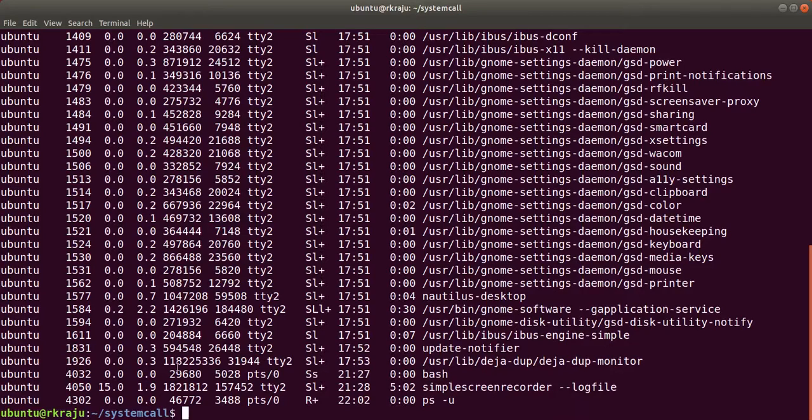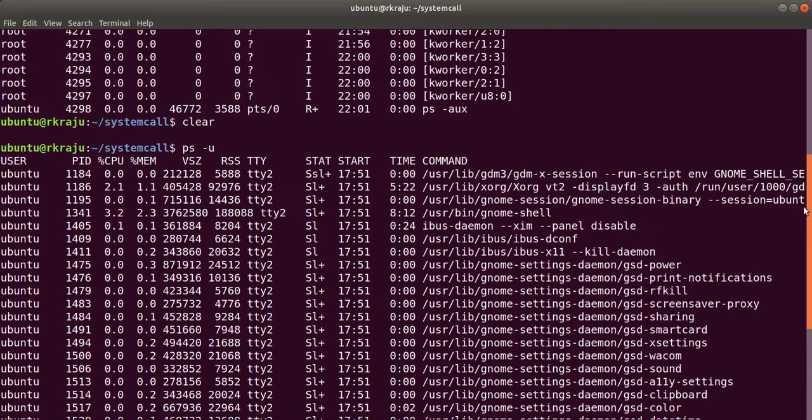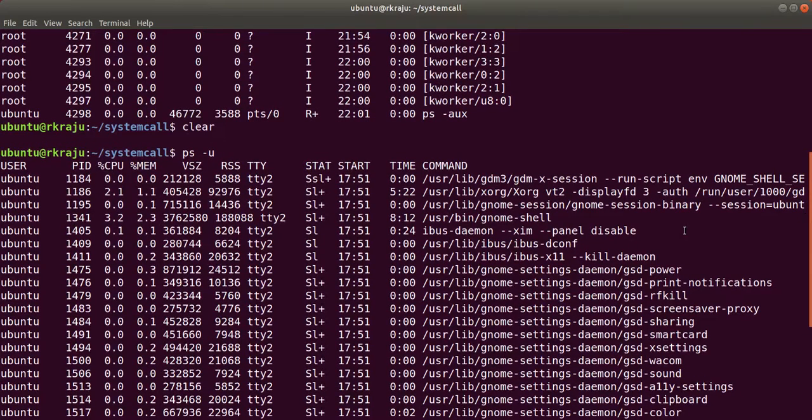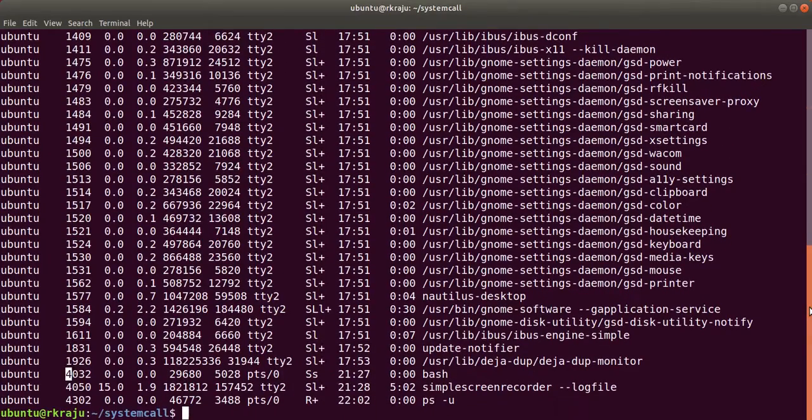Now observe these two ID numbers. One is 4032, the other one is 4302. These are the process IDs generated by the system randomly at different time periods. The numbers will change. Let us say if I run the same command again, now this time we will see different numbers.